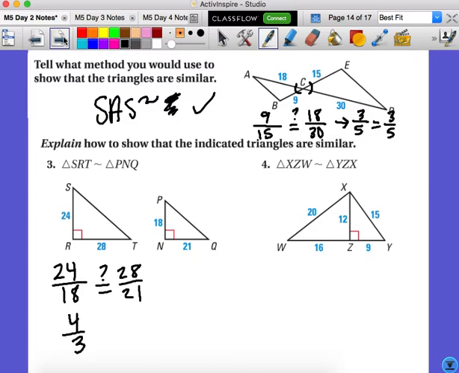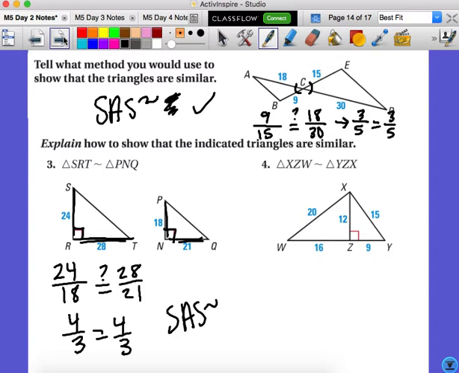And then on the right, 28 over 21 is going to simplify to the same thing. So this is similar again by side, angle, side. One pair of congruent angles and proportional sides.